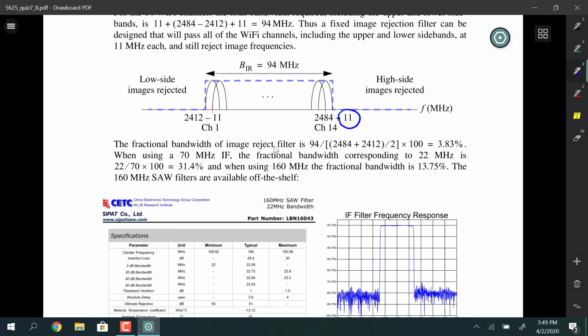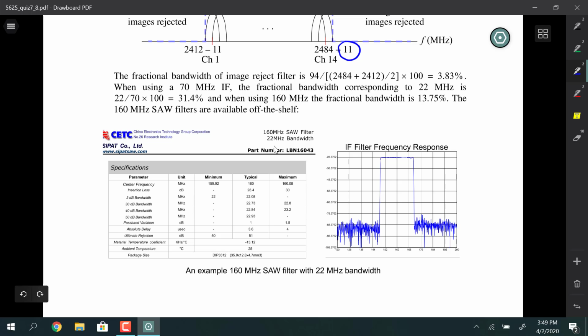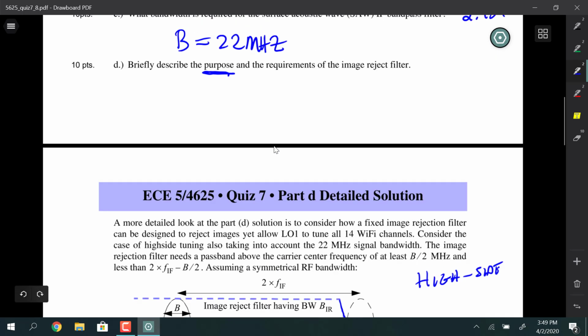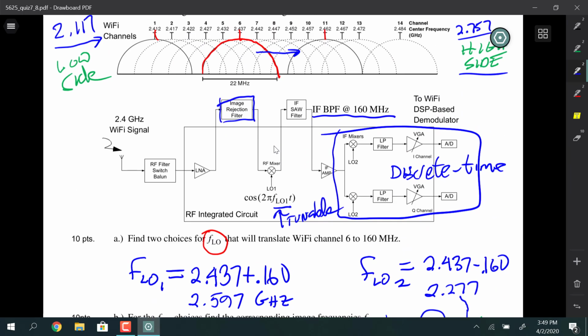So that's what you need to go off and buy. I didn't go shopping for those, but I did go shopping briefly for an example of the 160 megahertz IF filter, and that's the other filter that we talked about, because we said this would have to be 22 megahertz, centered at 160.